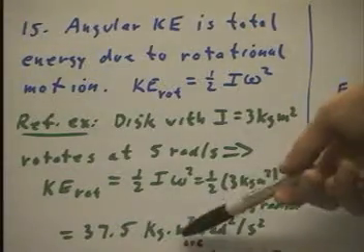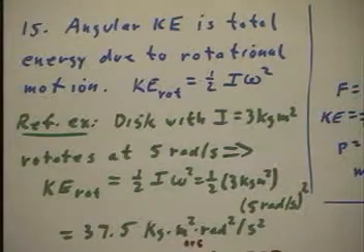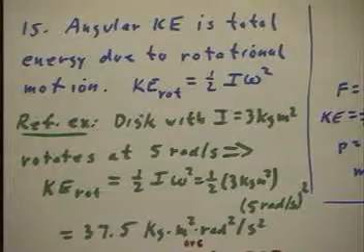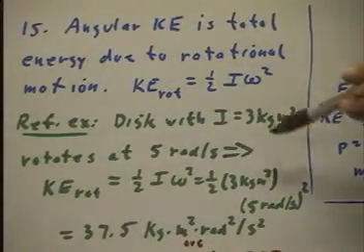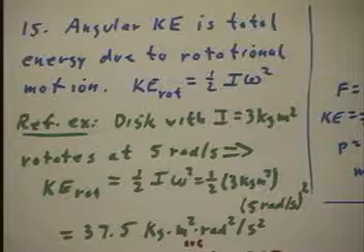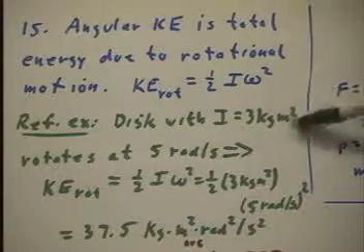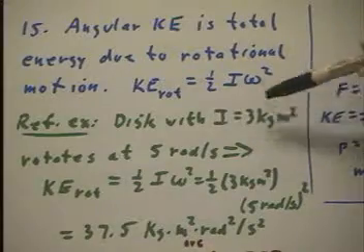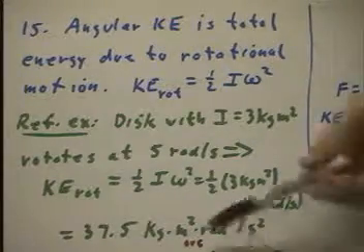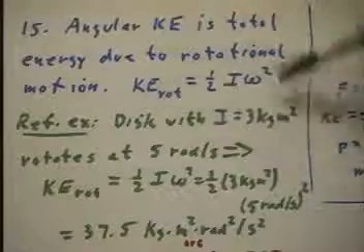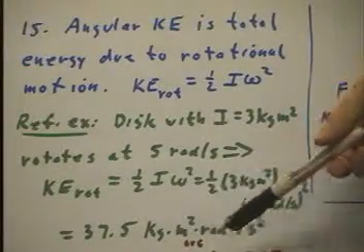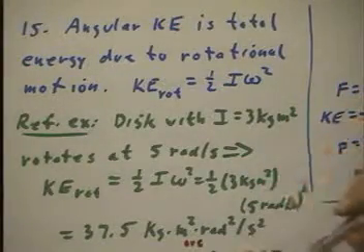Now, this meter squared is a meter squared of arc, because when this thing's rotating, the meter squared here comes from a meter of distance from the axis of rotation. When we sum up all the m r squareds, that's what the meter is. So that's actually a meter of arc when the thing starts rotating. And when we multiply a meter of arc by a radian, we get simply a meter.